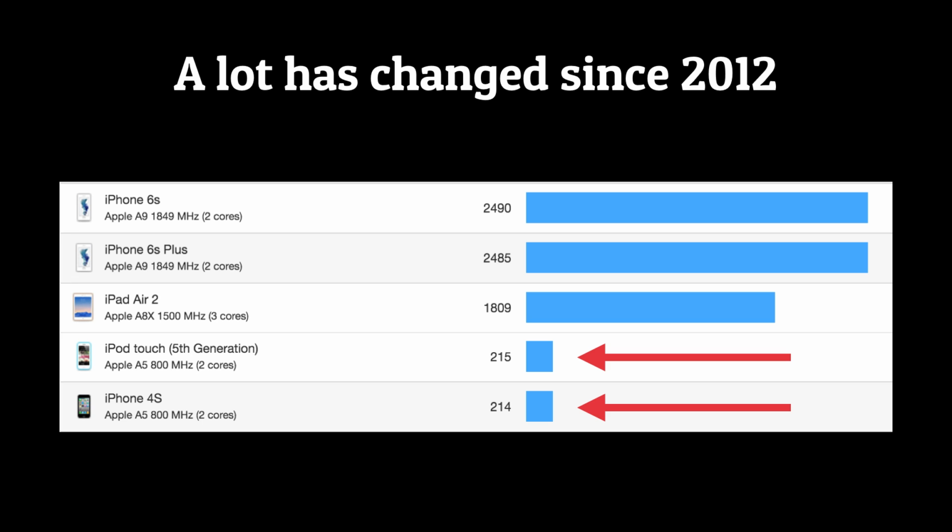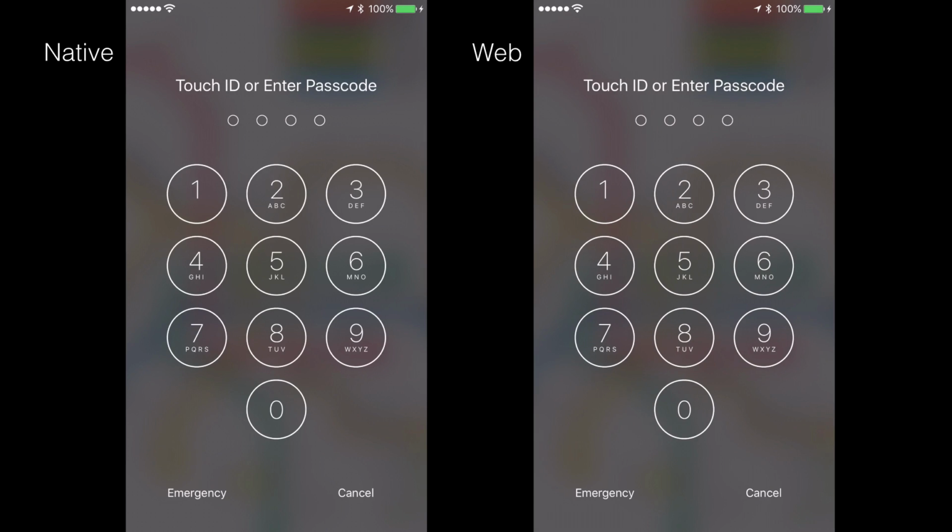But the bottom line is we're at least an order of magnitude more powerful in general. And although this is not a JavaScript benchmark, it is a good indication that devices are capable of much more than when we were told that the web was too limiting and that we couldn't do what we needed to do on mobile devices.